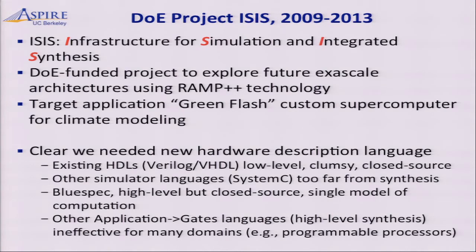So the idea was to build a Green Flash custom supercomputer that was custom designed for running climate codes. The idea was to explore the large design space, including auto-tuning the software onto the hardware, and then actually fabricate chips that could be part of this exascale supercomputer.